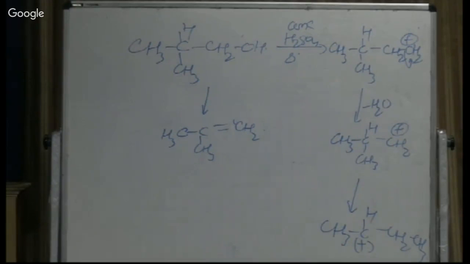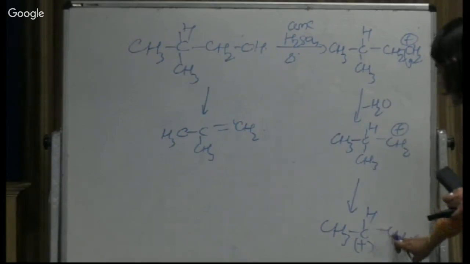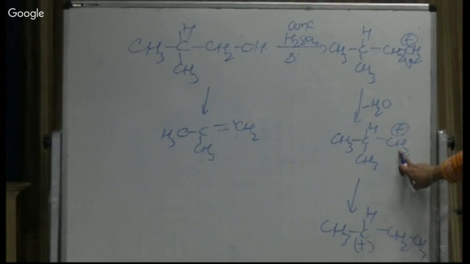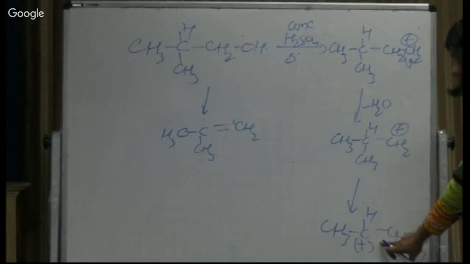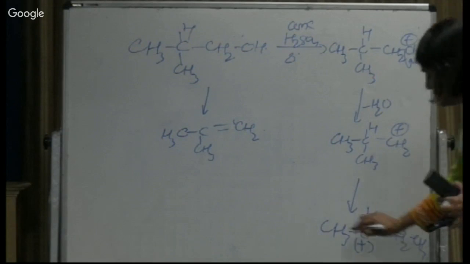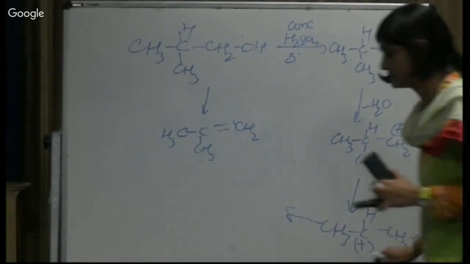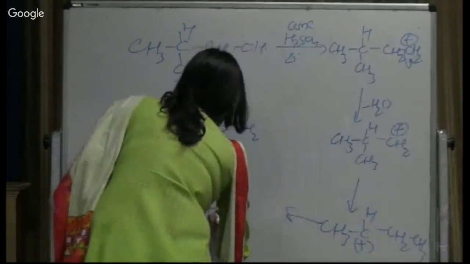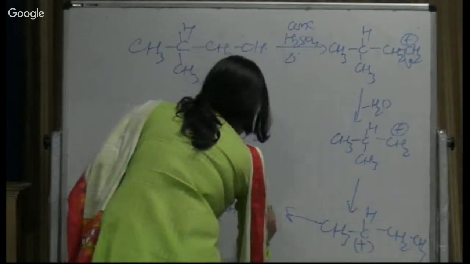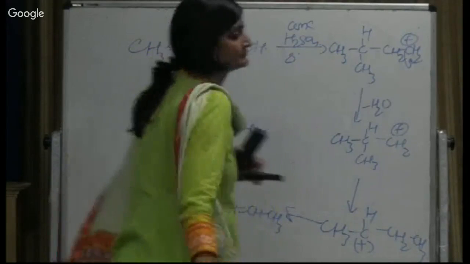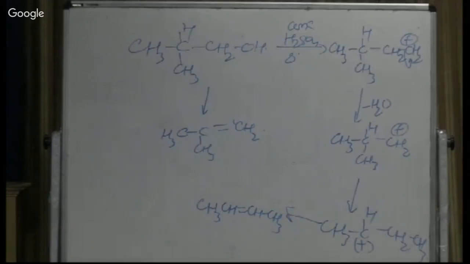So here you get this, and one hydrogen will be lost. This was a primary carbocation, and what do you get here? Now a secondary carbocation is formed. And then a proton will be lost from this carbon, and what is the product? The product obtained will be 2-butene, instead of the expected isobutene.